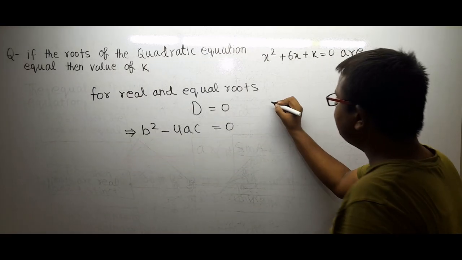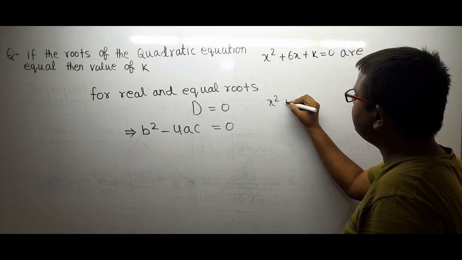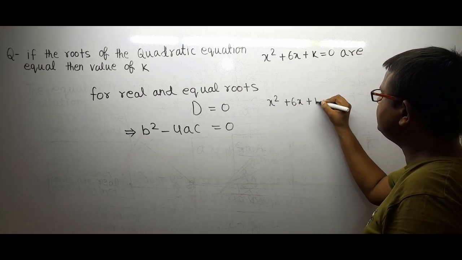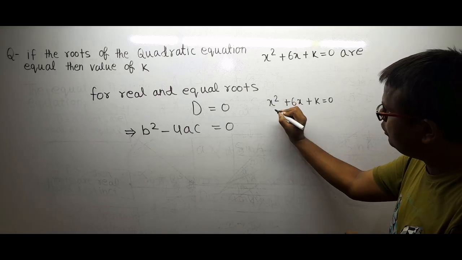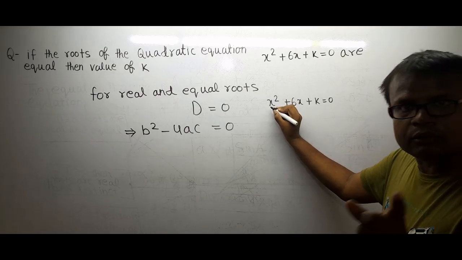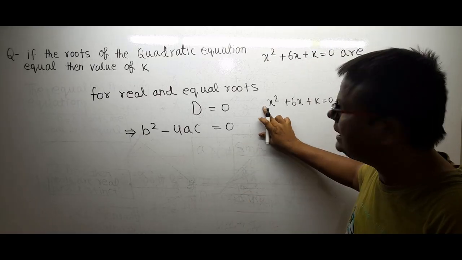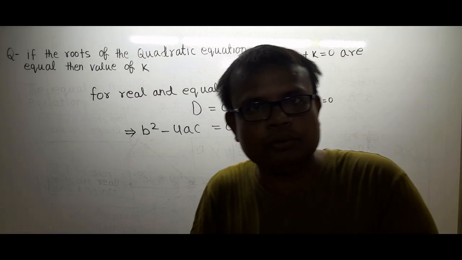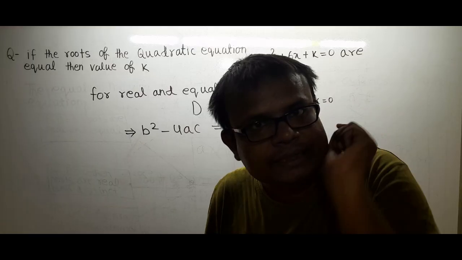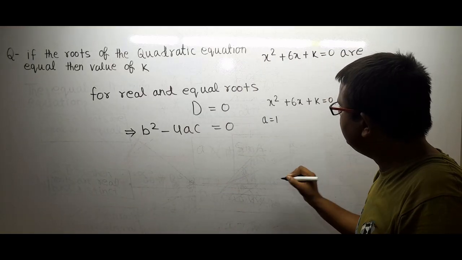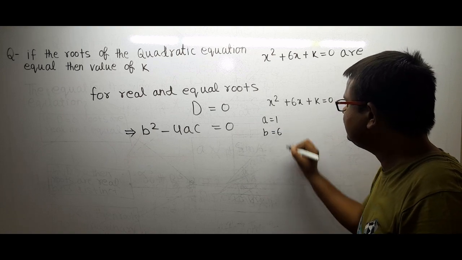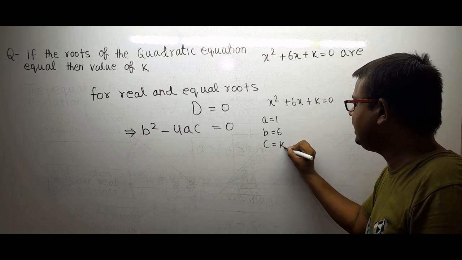Okay, if you compare this quadratic equation x square plus 6x plus k is equal to 0, what is the value of a here? What is the coefficient of x square? Okay, so nothing is multiplying here, so we can suppose the coefficient of x square is equal to 1. Okay, so a is equal to 1, b is equal to 6 and c is equal to k.